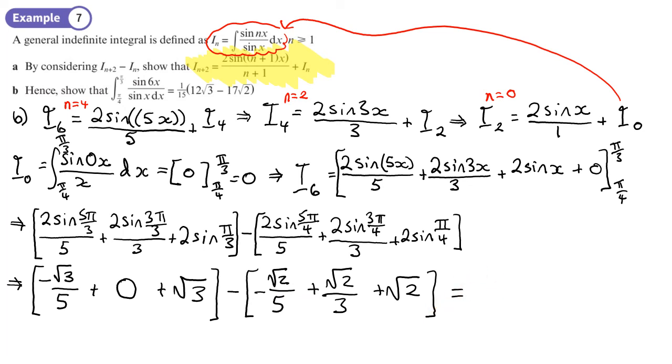And then if we type this on our calculator, we actually get 12 root 3 minus 17 root 2 over 15, which is what we were asked for up here. So we can just say as required.